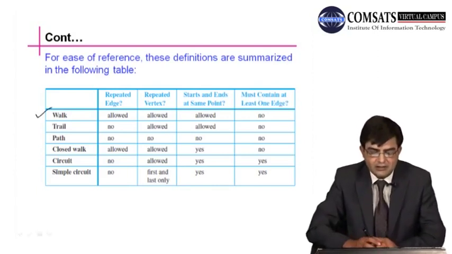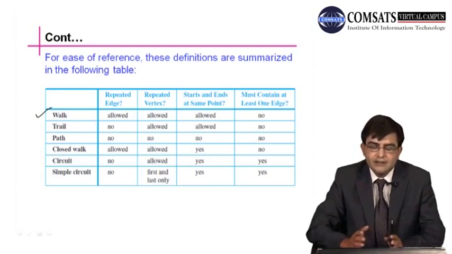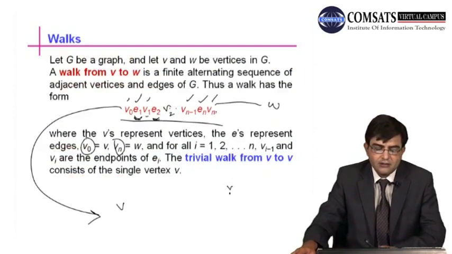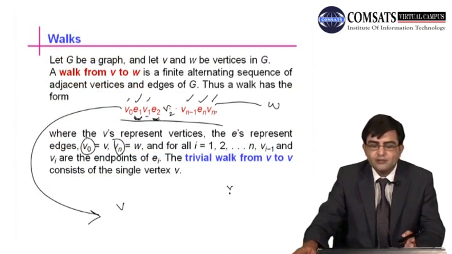In a walk a repeated edge is allowed, a repeated vertex is allowed, and starting and ending at the same point is allowed, because in the definition of a walk they don't mention that a walk from V to V is not possible, so we can take the starting and ending point the same.